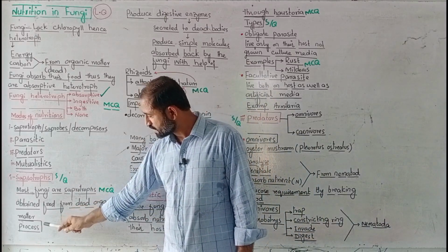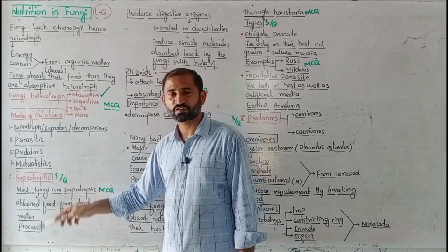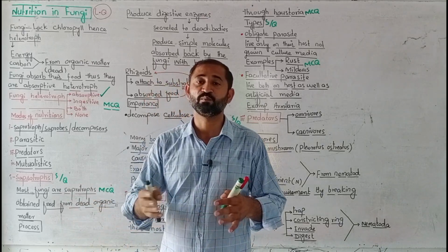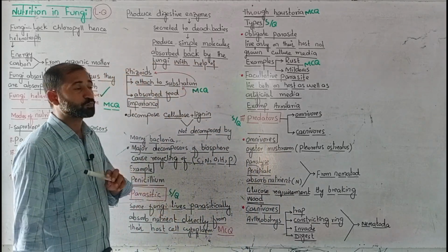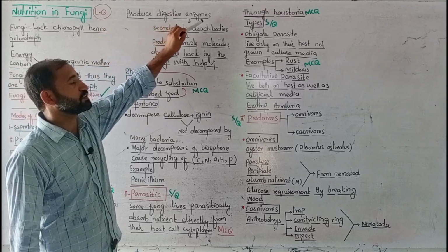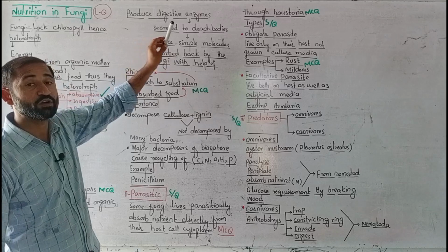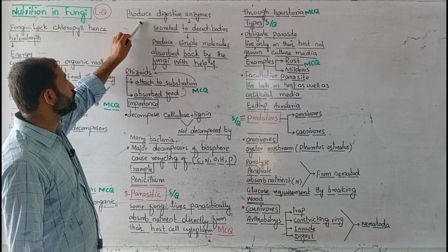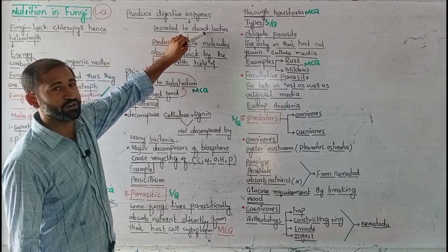So first, make a small heading about the process: what is the process of saprotrophs, or what is the process of decomposition through which fungi get their food from dead organic matter. The process is that fungi produce digestive enzymes.